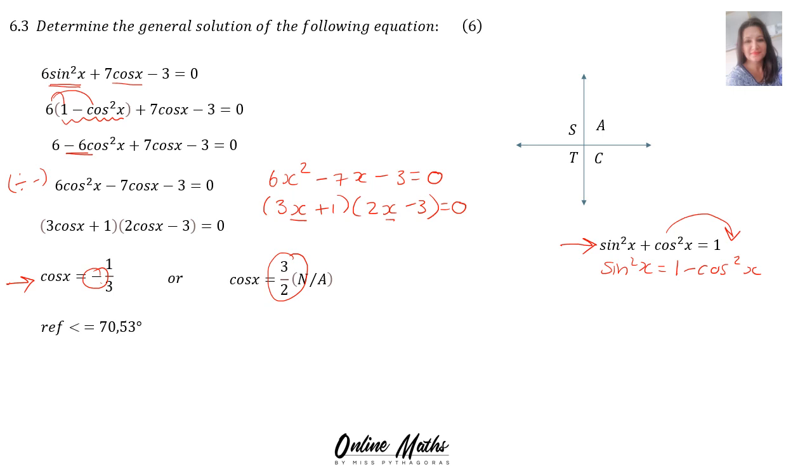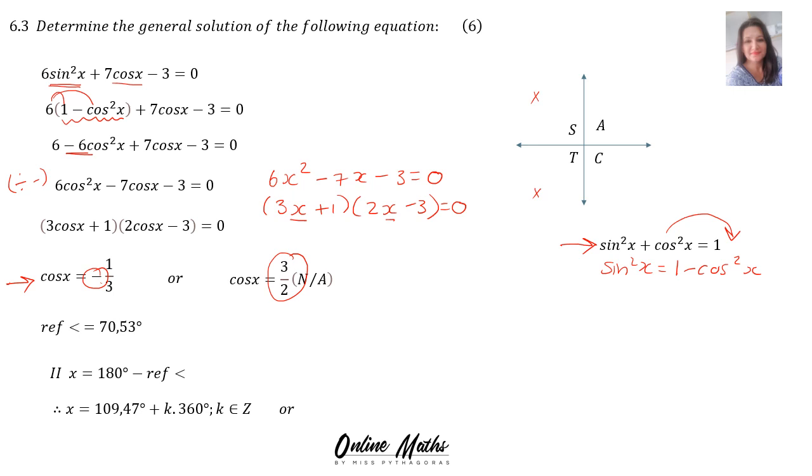Cos is negative in the second and the third quadrant. So in the second quadrant, x is 180 minus the reference angle, which is 70,53. And then when you do the calculation, x is 109,47 plus k times 360, k element of Z.